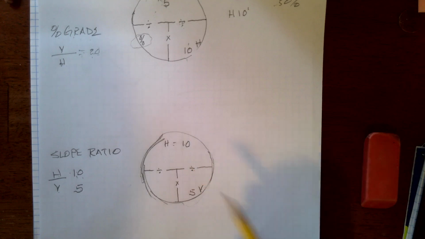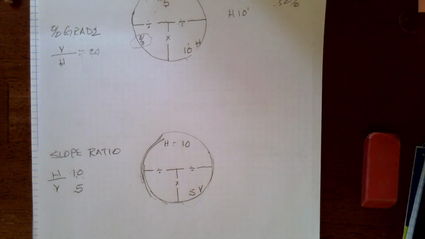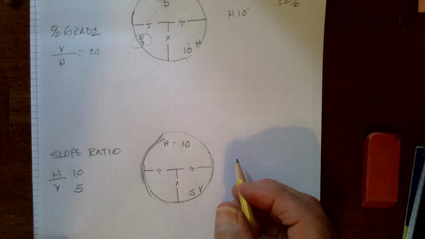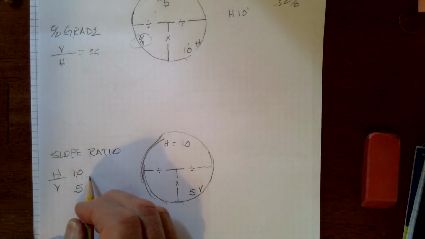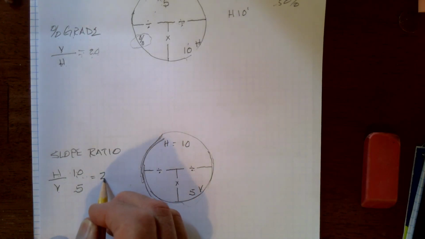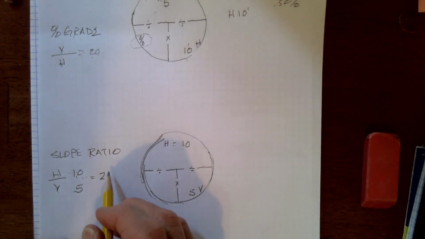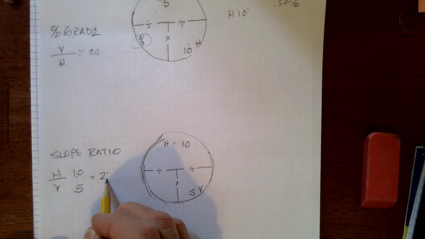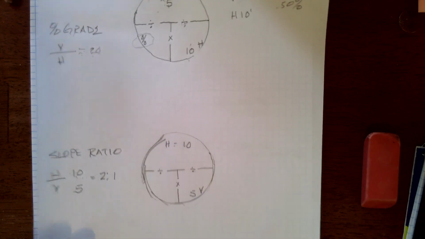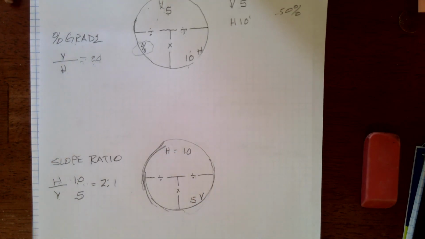What does that tell us? 10 divided by 5 equals 2. So we have a 2 to 1 slope.